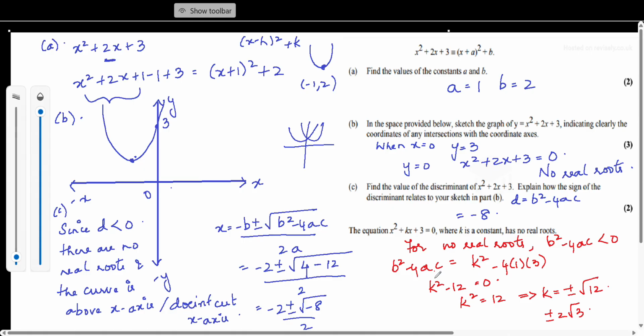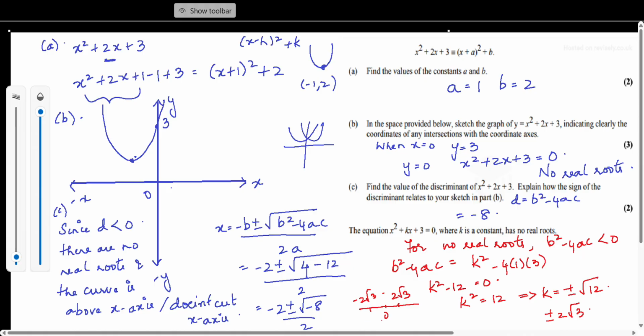So now the limiting values for us are 2 root 3 and minus 2 root 3. We have to solve this inequality. If it was an equation, we could have just said k equal to plus or minus 2 root 3. But here, it's not an equation, it's an inequality.